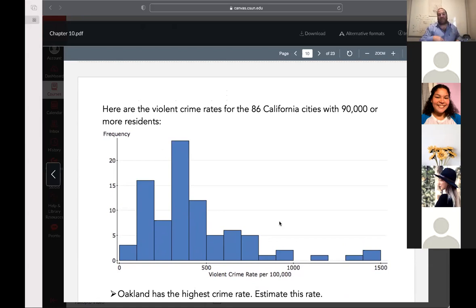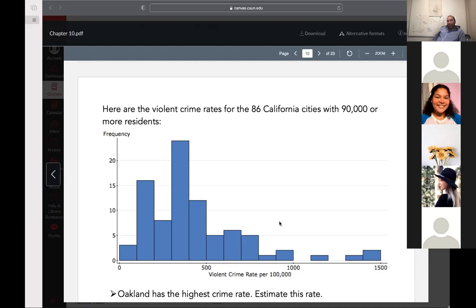what value would you guess? How many violent crimes per 100,000 residents? 1,499. So you're guessing then that it's in the last bar, all the way on the right side. Well, it's more violent than everyone else on this list.